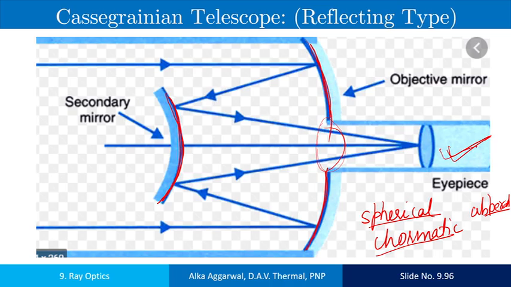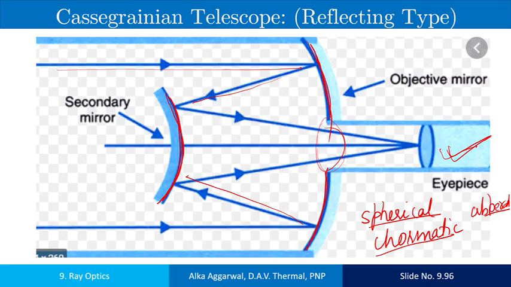A beam of light parallel to the axis of the telescope from some distant object is incident on the objective. The objective converges this beam towards the principal focus.